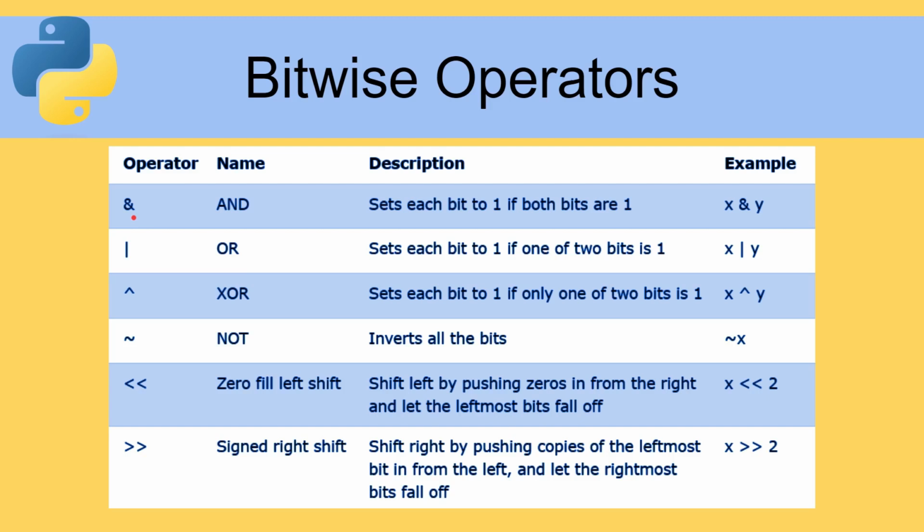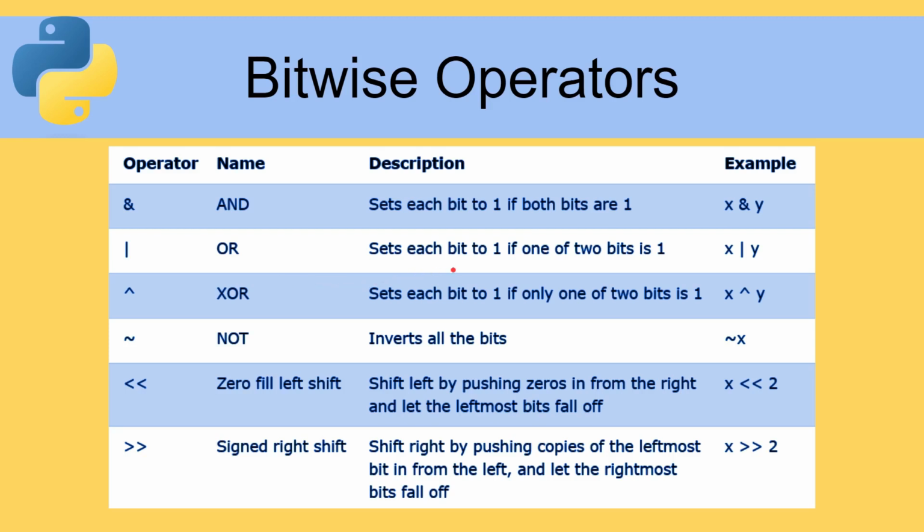Here you have the and operator, which sets each bit to 1 if both bits are 1. So if x is one number and y is another number, the compiler converts both numbers to binary and then does the operation and returns the result.